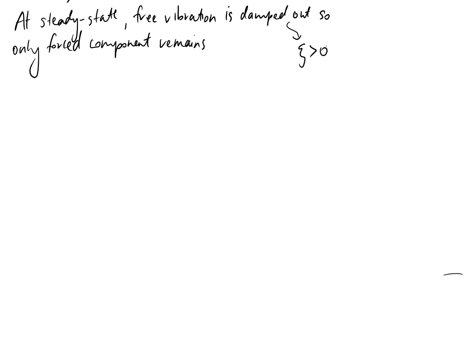Otherwise, you're just going to have the system vibrating forever and ever, and that will be its steady state. So provided that we have damping in our system, steady state is going to occur as time goes to infinity, and we know that that means that XH is going to go to 0, and that's our free vibration component. So if we know that X is equal to XH plus XP, and this is going to 0, at steady state we can just directly equate these. So our overall displacement is just going to equal the particular component.